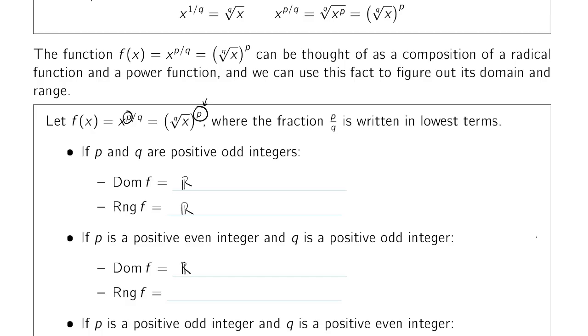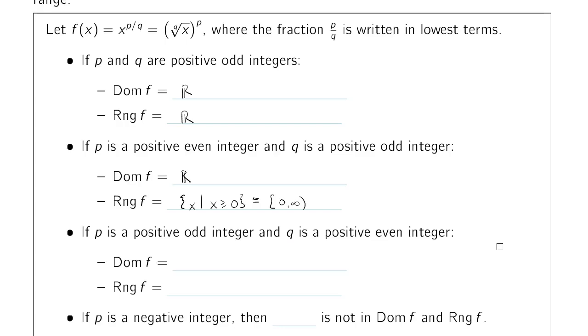But the range, when we take an even power, consists of only positive numbers or 0. So the range is the set of x such that x is greater than or equal to 0. Or in interval notation, we can write 0 to infinity. If we're taking an even power, that means we can only get a positive output.